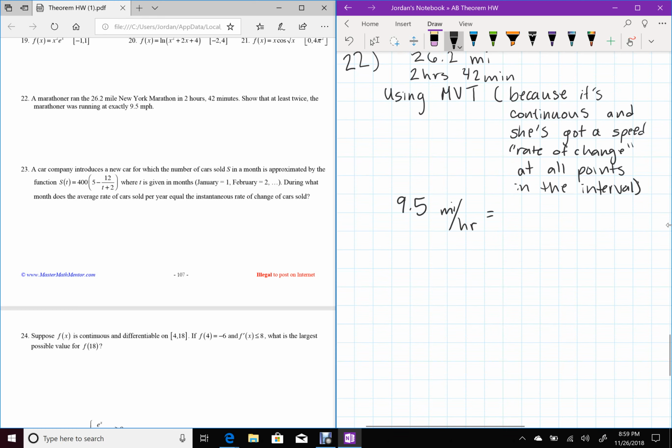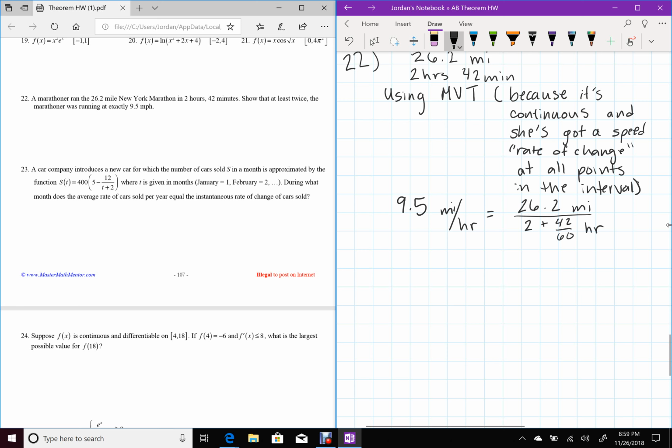Well, we know that our average rate of change is going to be the 26.2 miles, and all we have to do is do 2 plus 42 over 60 to convert the minutes to hours. Right?